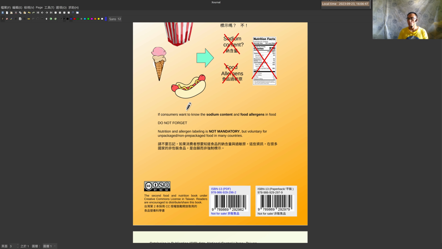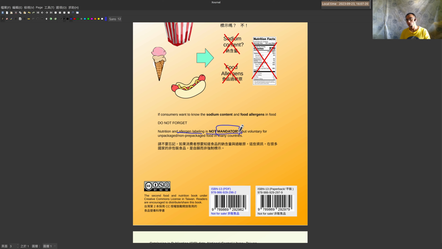If consumers want to know the sodium content or food allergens in food, do not forget, allergen labeling is not mandatory. This term, if you are not familiar with it, means it should be done according to the laws or regulations. Mandatory, but voluntary for unpacked or non-prepacked food in many countries.